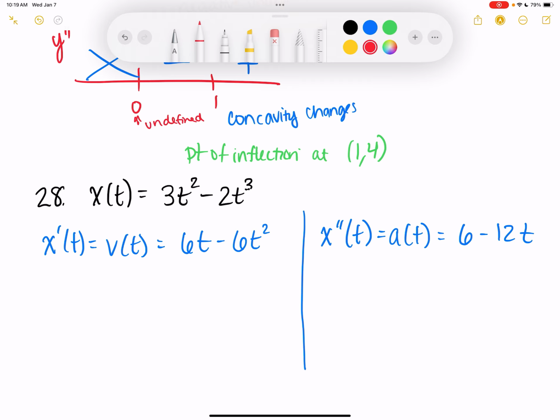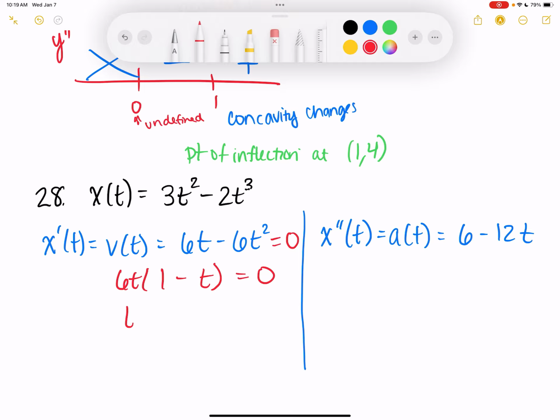So I'm going to take and set this equation equal to 0 and solve. So I'm going to factor out a 6t, and I'm left with 1 minus t equal to 0.